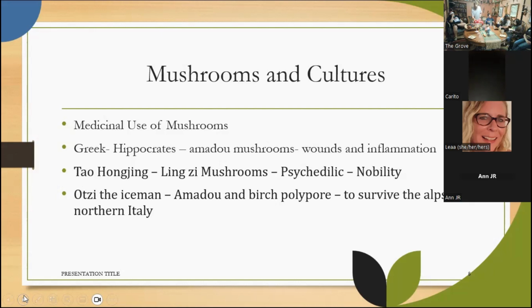So you had the Greeks, you've had it in Asia, and then we have Otzi, the Iceman, who was found to have used amadou mushrooms and birch polypore mushrooms to survive his times in the Alps of northern Italy.